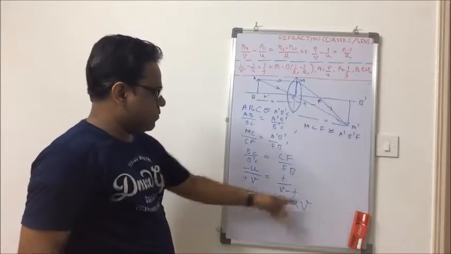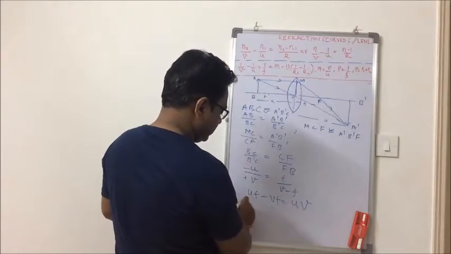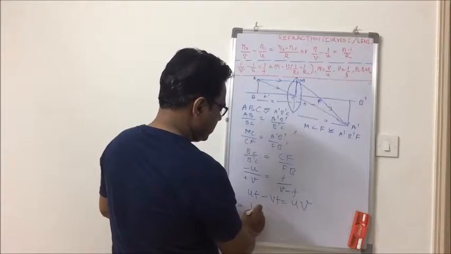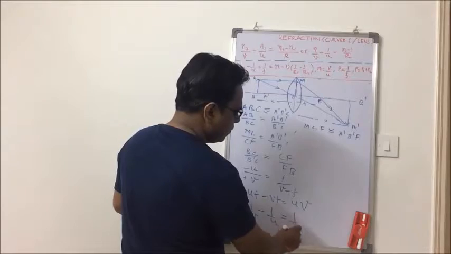Okay, divide the whole equation by UVF, it gives 1 by V minus 1 by U equal to 1 by F.